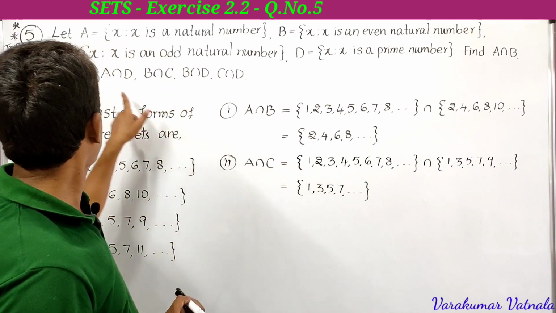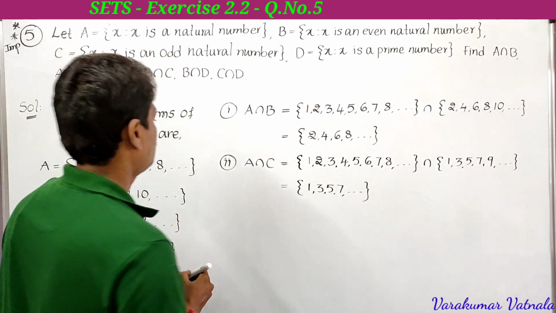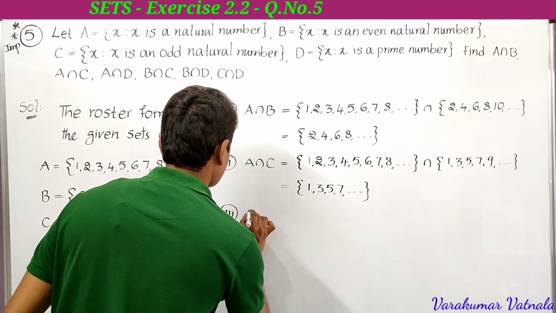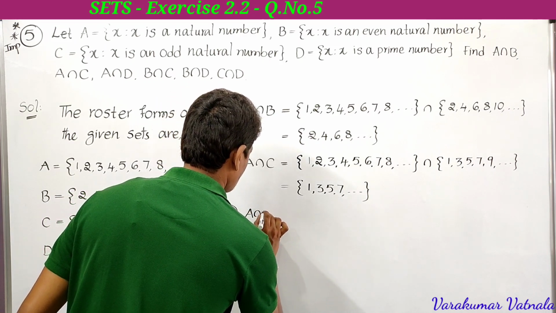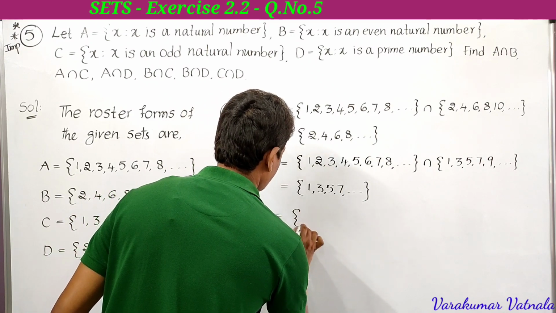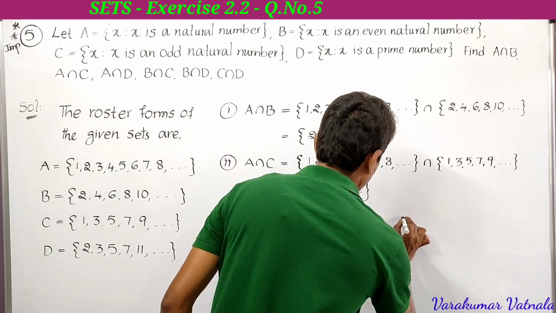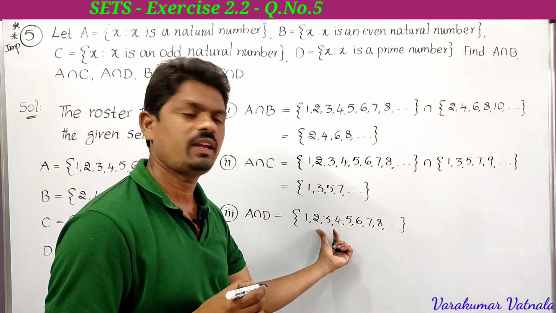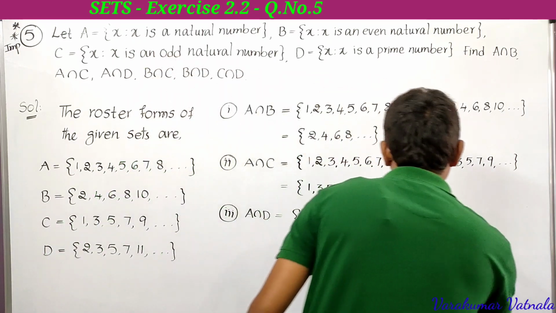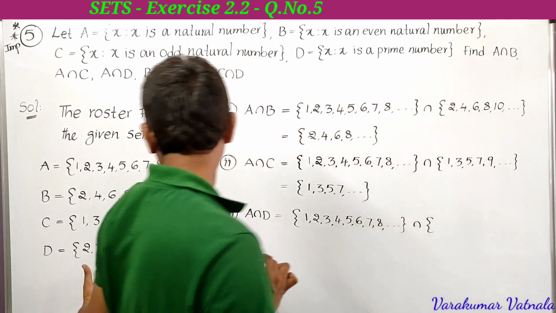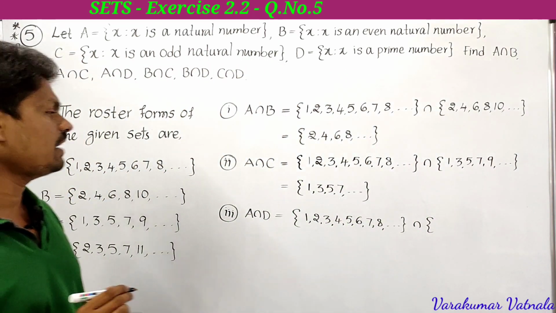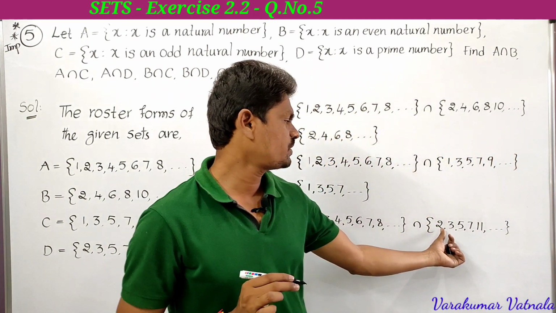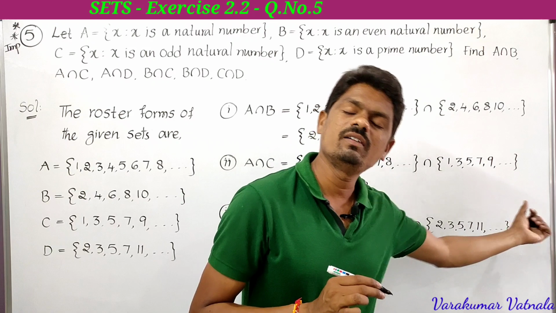Next I have to find A intersection D. Again, first you have to write set A. These are the elements of set A: 1, 2, 3, 4, 5, 6, 7, 8. Intersection, next you write set D. This is set D: 2, 3, 5, 7, 11 and so on.